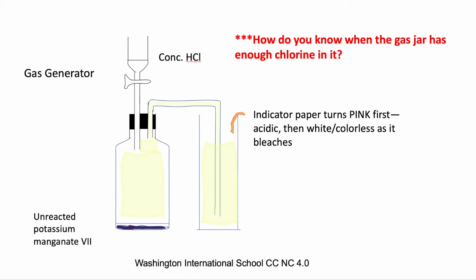So if you're lucky, you'll see it turn pink because of the acidic nature of the gas, but as it bleaches, it's going to turn it colourless. That's when enough chlorine is present. So view the video and write in your appearances.